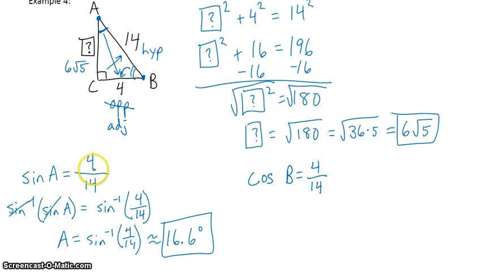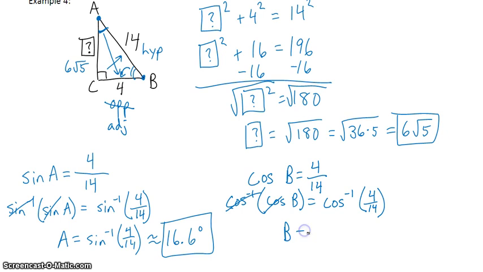Now this looks a lot like my first equation, but I have cosine in here. To solve for B, I need to inverse cosine both sides of the equation. Cosine inverse, cosine undo each other.